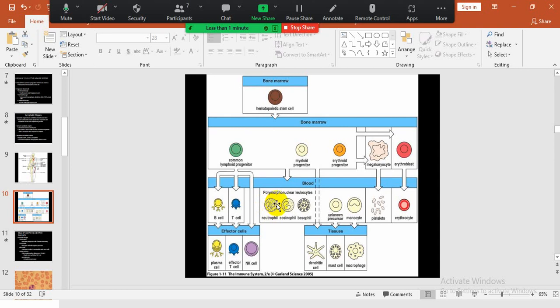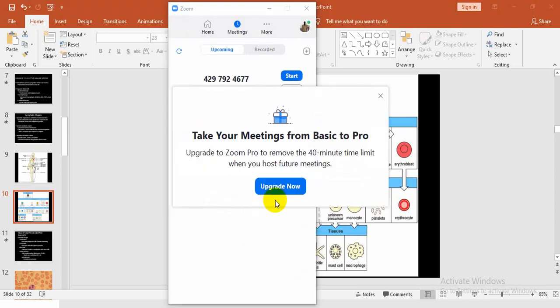For the lymphoid progenitor, you can see nucleus 1. But here, the nucleus is multi-lobed: 1 here, 2, 3. Eosinophil has 2 lobes, 1, 2. It does not mean that it is multiple nuclei, no, but it is lobed.